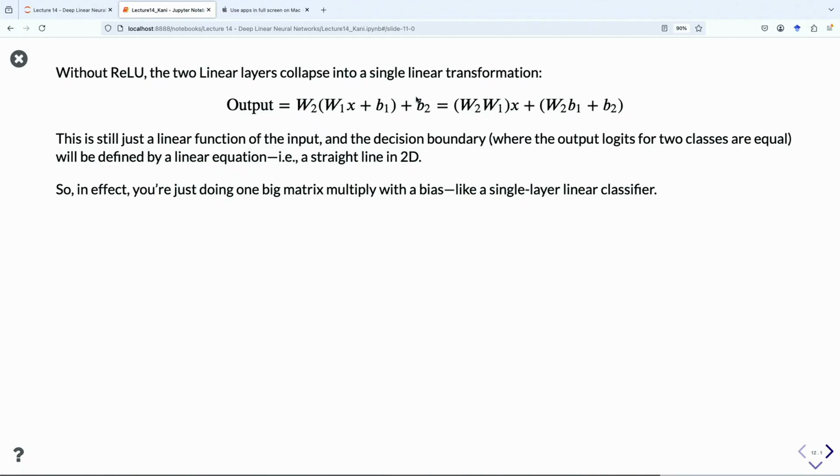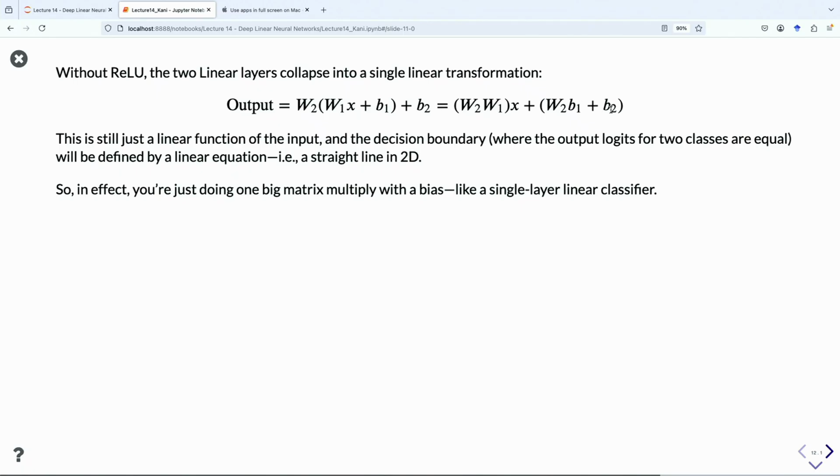Then, if we do out the math, which we are perfectly able to, this is just a normal algebraic function. We could just expand out the function. We could multiply W2 by W1x and multiply W2 by B1. And then we get a new function that is W2 times W1x plus W2 times the first bias plus the second bias.